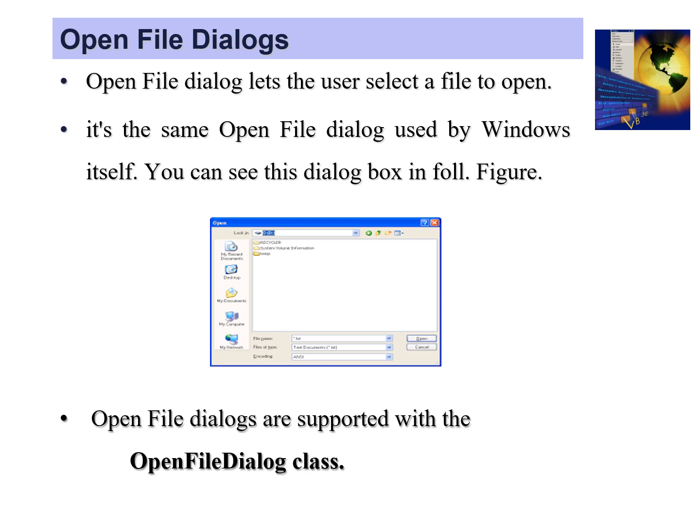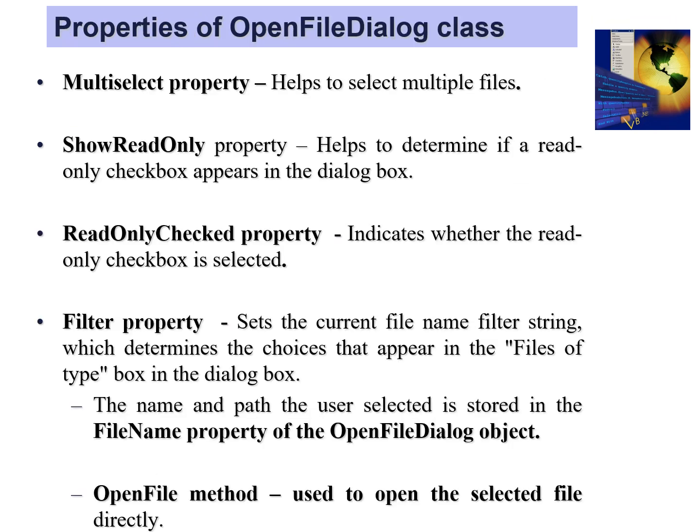The open dialog lets the user select a file to open. You can see the dialog box here for open, and open file dialogs are supported with the OpenFileDialog class. These are the properties of the OpenFileDialog class. The MultiSelect property helps to select multiple files, and the ShowReadOnly property determines if a read-only checkbox appears in the dialog box.